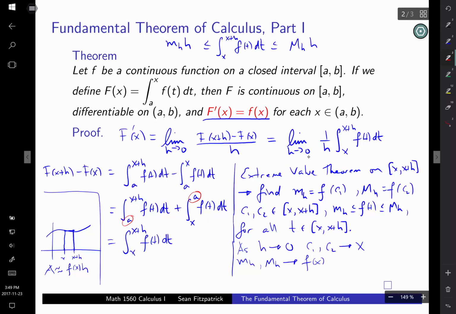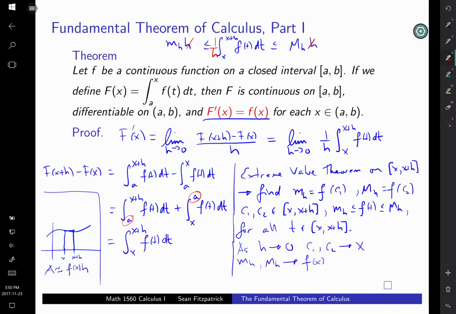Well, now I divide everything by h, because I want that 1 over h. So that h is gone, that h is gone. So how are we going to handle the limit? The limit we want is stuck in between these two values, little m and big M, and we know that little m and big M both go to f of x as h goes to 0. So what theorem are we using?